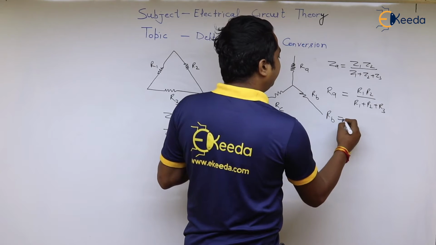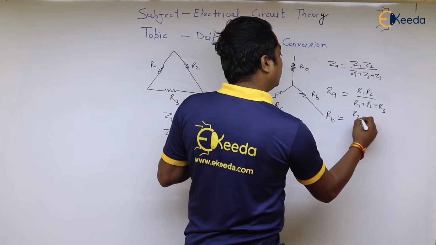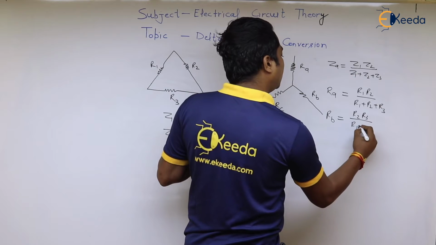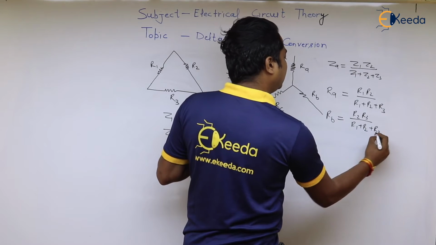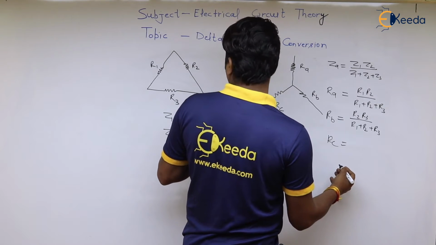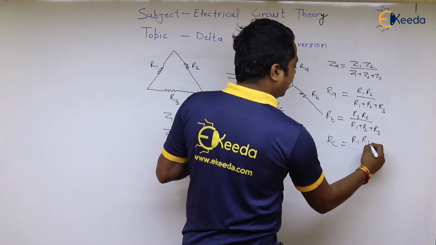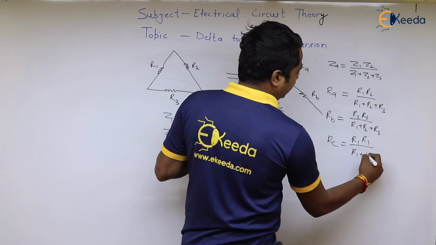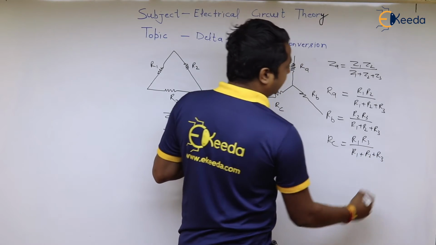In the same way, the value of RB will be equal to R2 R3 upon R1 plus R2 plus R3. The value of RC will be equal to, RC is coming in between R1 and R3, so R1 R3 upon R1 plus R2 plus R3.